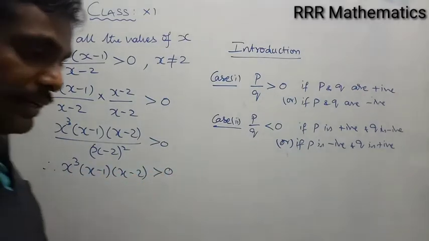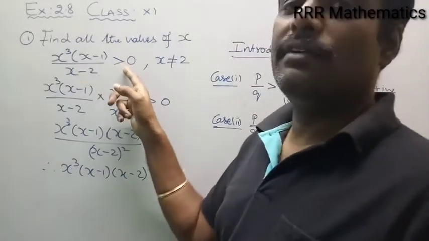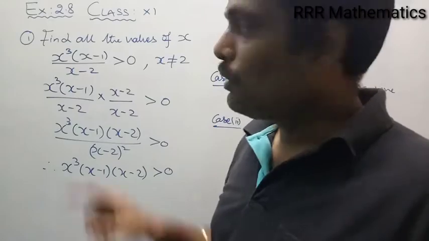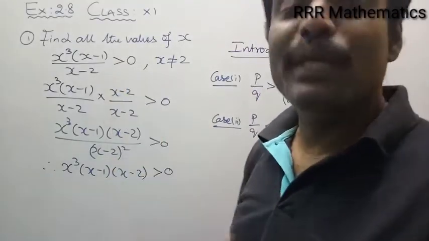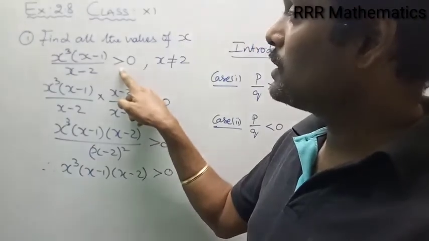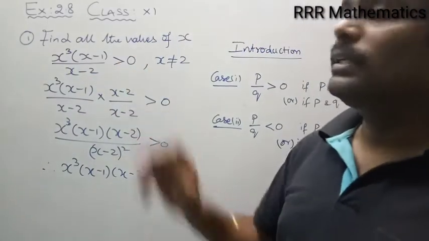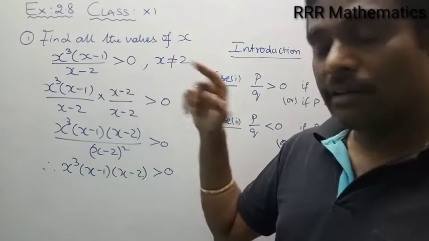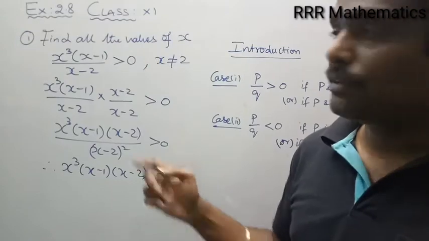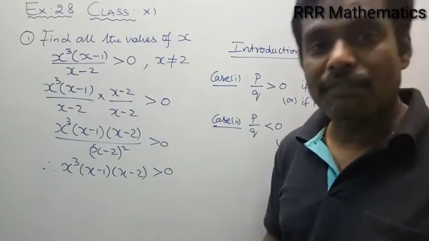You may think, sir, in case of equation I have an equal sign, I can cross multiply. But why don't you do the cross multiplication here? In case of inequality it is meaningless. In case of equation, I can cross multiply, I can equate to 0, etc. But this is not like that. This is an inequality, whether greater than or equal to 0, or less than or equal to 0, you cannot cross multiply, which is meaningless. So what to do if an inequality comes?